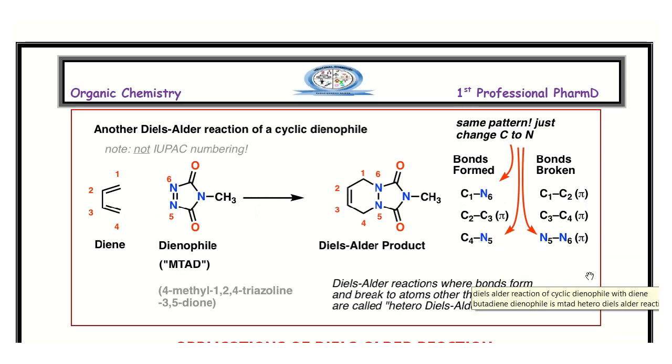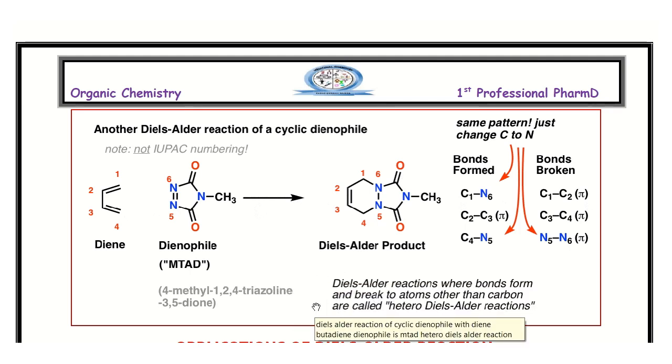So for the Diels-Alder reaction, bond formation and breaking will be the same in any diene or dienophile, whether it is cyclic or acyclic. In this reaction you may observe that there is a heteroatom, that is nitrogen. Whenever we are dealing with a Diels-Alder reaction that has a heteroatom in its structure, the Diels-Alder reaction is termed the hetero-Diels-Alder reaction.